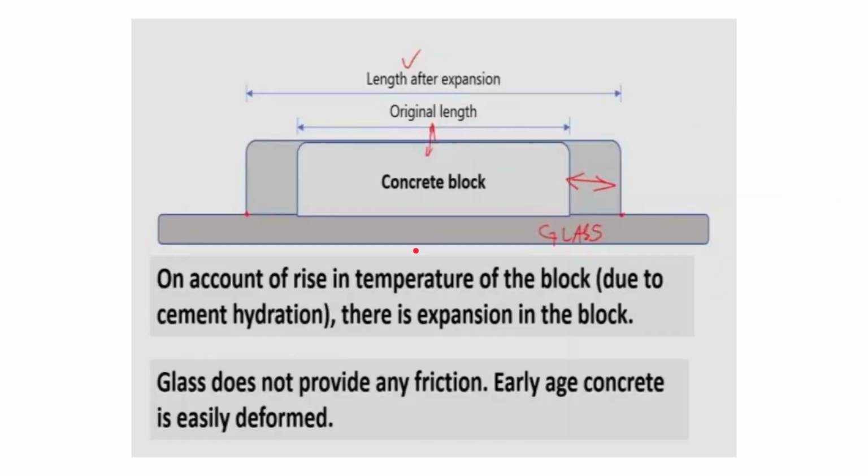Let us go deeper into that. Say for example we have a concrete block with an original length L, and after the temperature rise of the block due to cement hydration, there is expansion in the block. In this case we have kept the base as glass, because glass does not provide any friction, so it will not impact the phenomenon in any way. Early age concrete is easily able to deform.